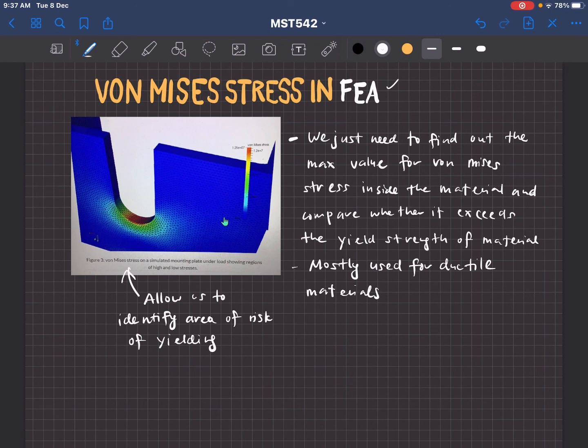And of course, in addition to that, we can also apply another factor such as a factor of safety if you want to produce a safe design.